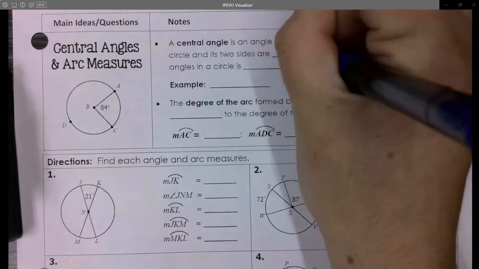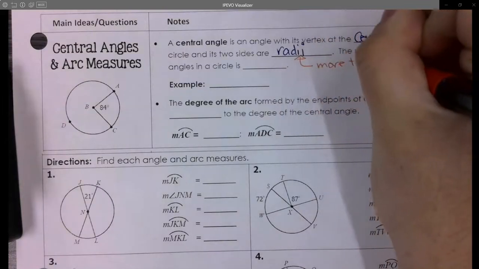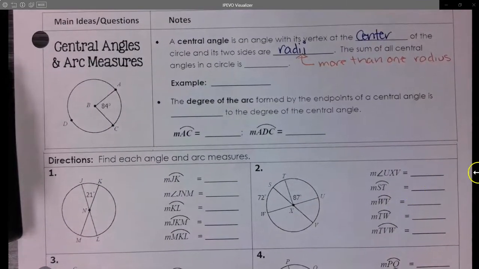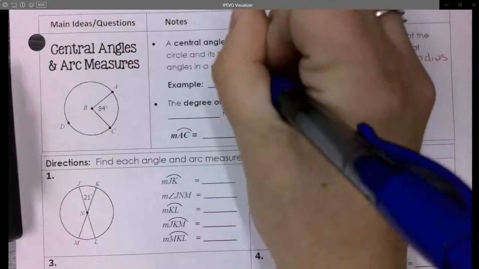This is plural for radius. And the sum of all the central angles in a circle is 360 degrees.